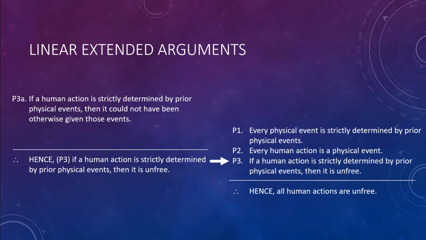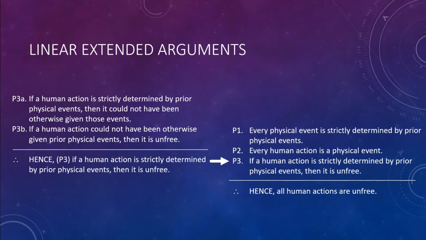If a human action is strictly determined by prior physical events, then it simply could not have been otherwise given those events. And if a human action could not have been otherwise given prior events, then it is unfree. Together, these 2 premises support the 3rd premise in the main argument.